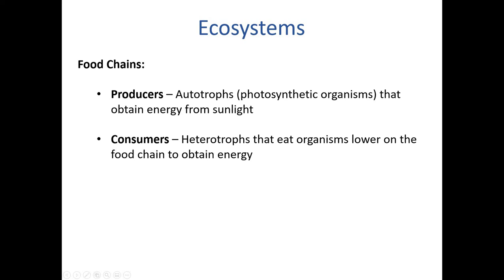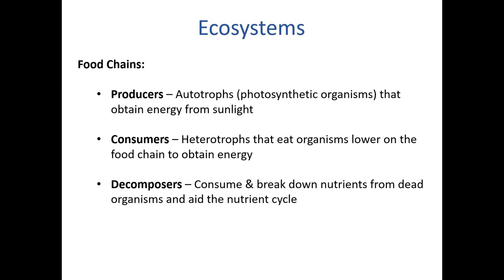There are different levels of consumers: primary, secondary, and tertiary consumers, which eat things at multiple levels on the food chain. Primary consumers are eating the producers, and secondary consumers are eating the primary consumers, and so on. And decomposers are organisms that consume and break down nutrients from dead organisms, which then aid the nutrient cycle.